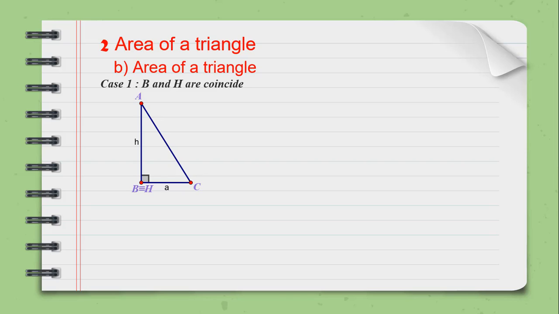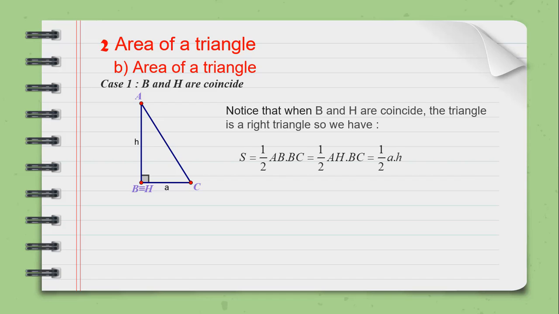Notice here, when B coincides with H, the triangle is a right triangle. So we can use the formula we have earlier, and we have S equals 1/2 of AB times BC, which is equal to 1/2 of A times H.